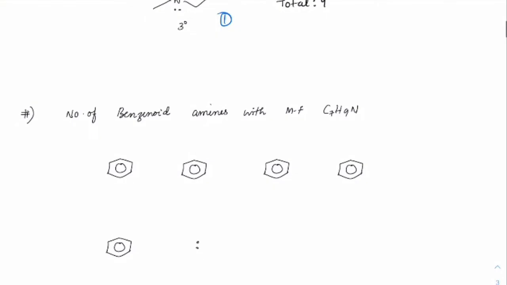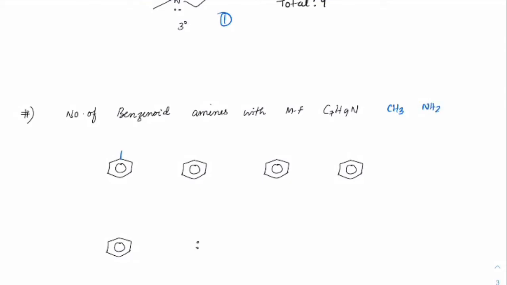Right. Similarly, if benzenoid forms are asked, the isomeric cases, usually they will give you this way: C7H9N, which means C6H5 will be of the benzene only, and the rest of the part you have to rearrange. So there is one methyl, because there is one extra carbon, and NH2, these two you have to arrange.